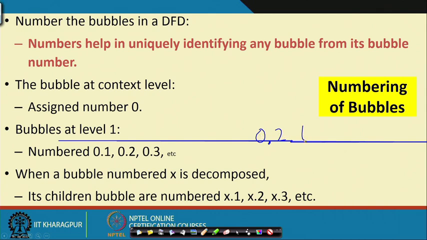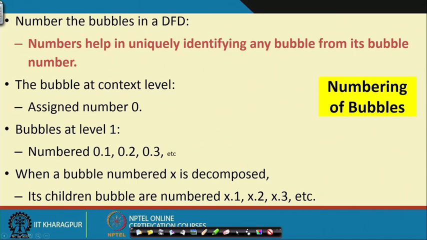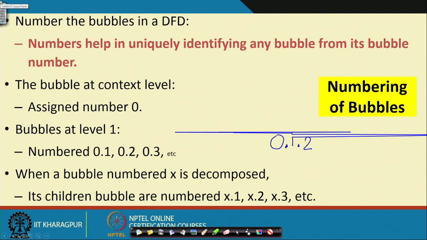So, this is a level 2 diagram. Similarly 0.1.2. So, this is a level 2 diagram. The parent of this diagram is 1, and for that this is the context diagram.